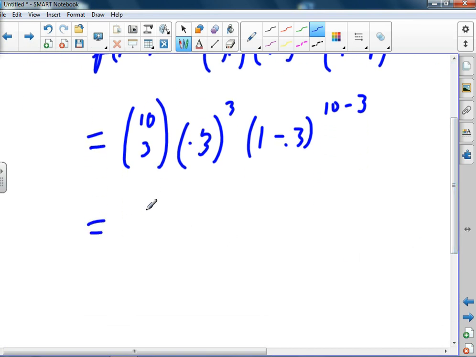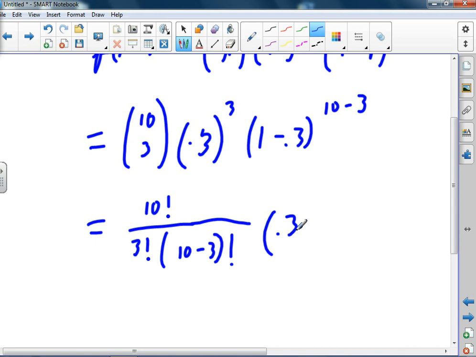Okay, so that's going to be 10 factorial divided by 3 factorial times 10 minus 3 factorial, times 0.3 cubed times 0.7 to the 7th.